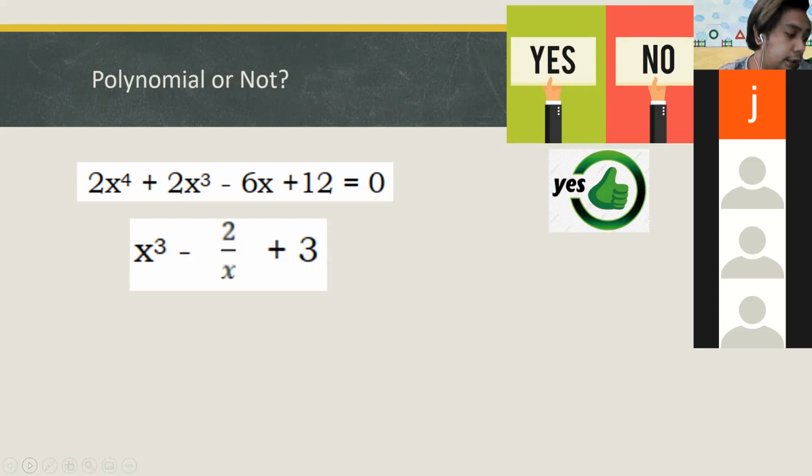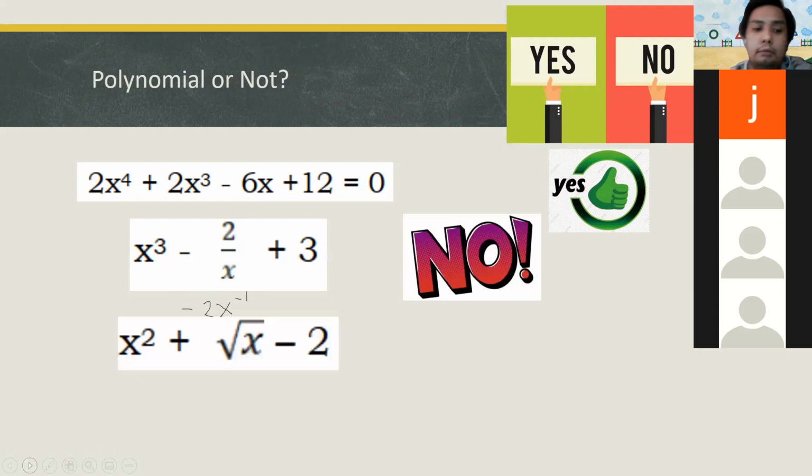So yun po yung magiging arrangement niya talaga. So that's meaning that we have x raised to negative 1. Hindi na siya whole number. Ibig sabihin, hindi na siya polynomial. Okay? So kung isusulat natin, that's 2x raised to negative 1. So hindi na siya polynomial. Okay?